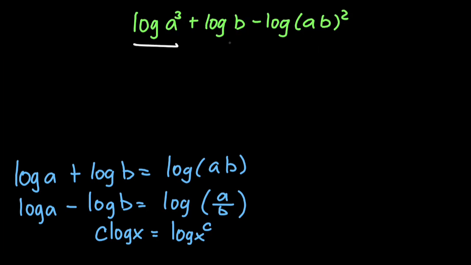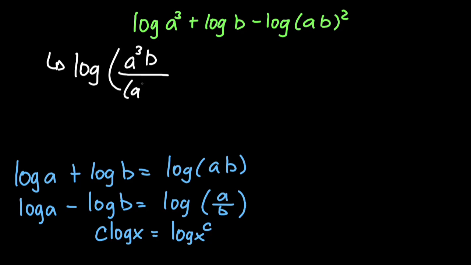Log of a cubed plus log of b minus log of a multiplied by b, all raised to the power of 2. Since we don't have any variables here or constants, we can now condense this. So this would be log of a cubed multiplied by b over ab to the power of 2.